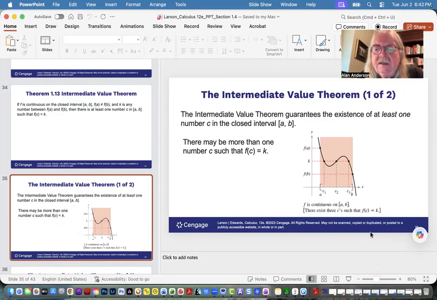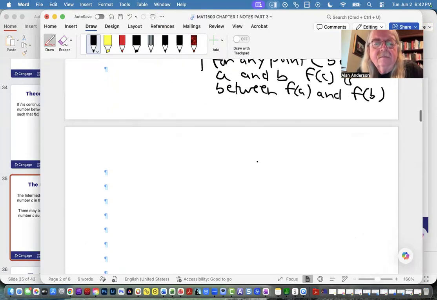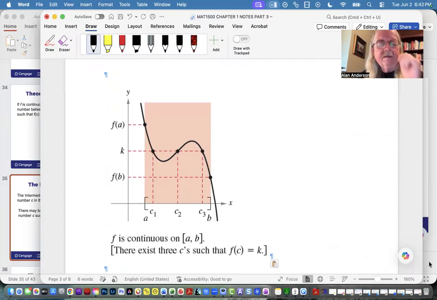Here's another one. This is their example, and it's a good one. So you've got A and B, and it's a closed interval. It's continuous across the entire interval. It doesn't matter what happens outside that interval. And f of A and f of B are different from each other.